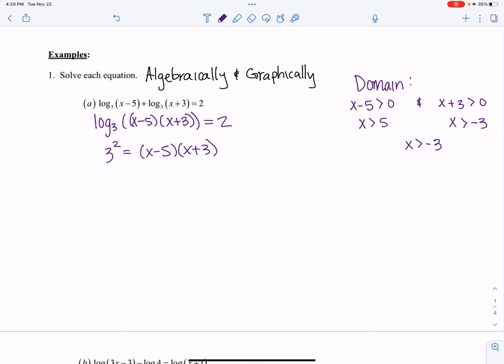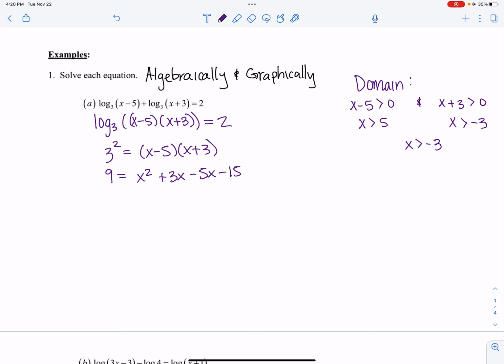Now that I have it rewritten, I can FOIL these. So I have 9 equals x squared plus 3x minus 5x minus 15. I'm going to move this 9 over to the other side.